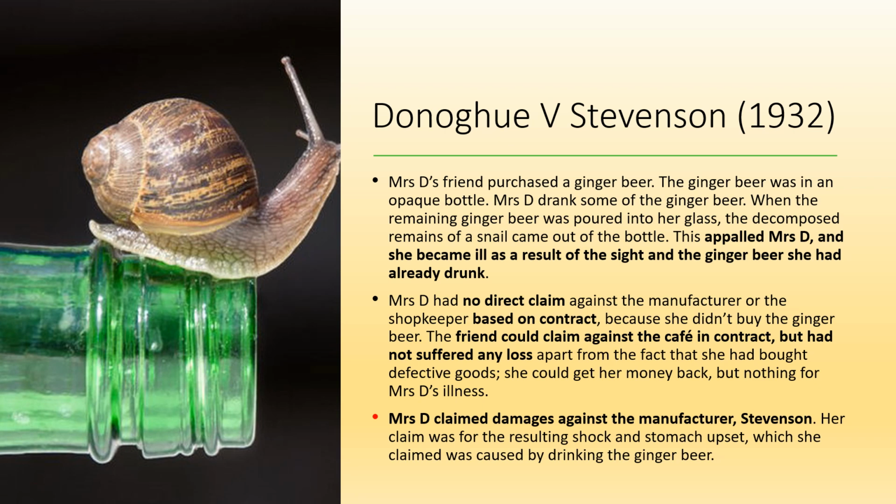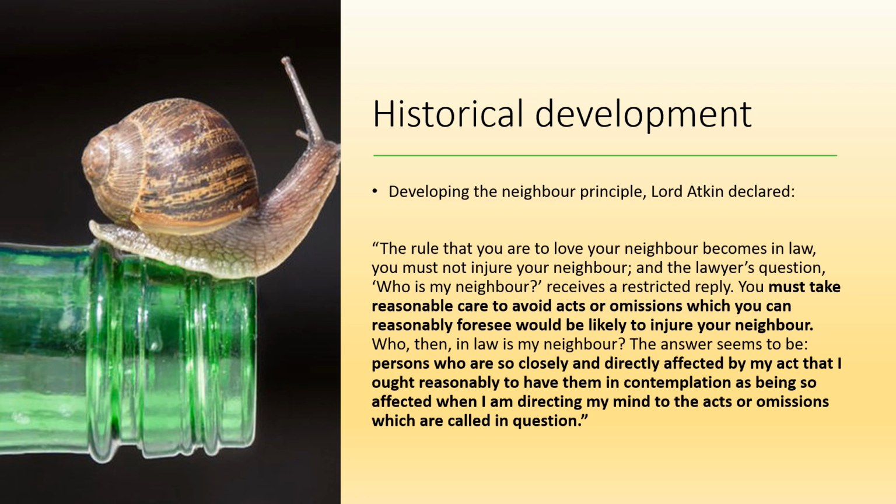Now, she had no direct claim against the manufacturer based on the law of contract, as there were too many contracts in between the manufacturer and the consumer here. So Mrs. Donoghue claimed damages against the manufacturer for the resultant shock and stomach upset, and it was left to Lord Atkin to decide: is there a claim in this case?